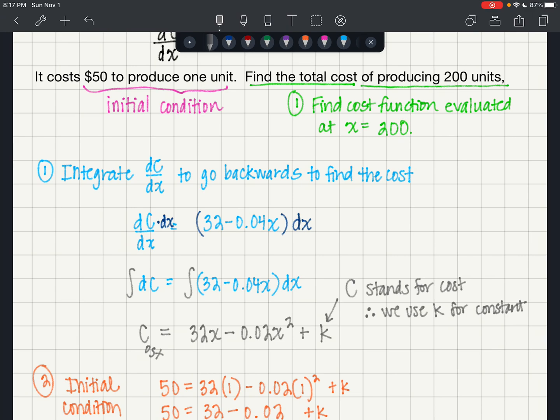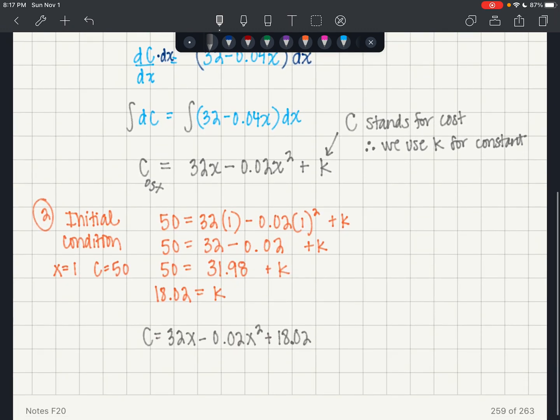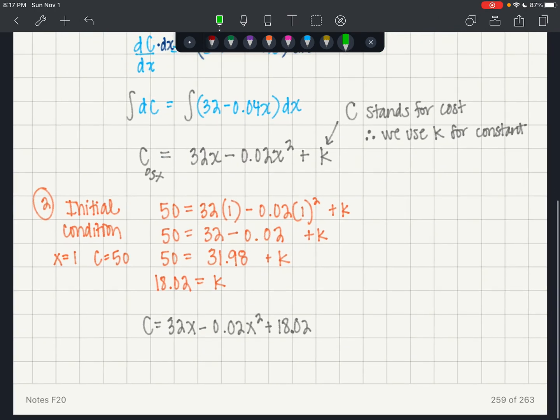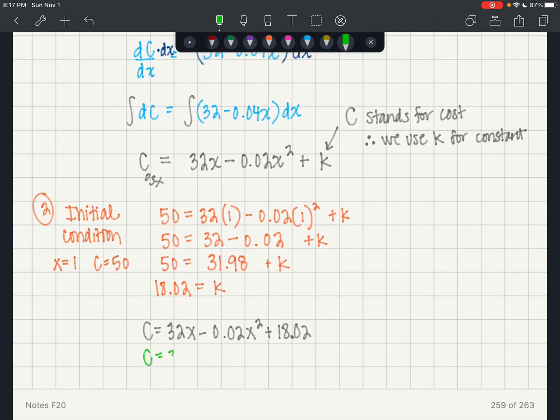We wanted to find the cost function evaluated at x equals 200. So C equals 32 times 200 minus 0.02 times 200 squared plus 18.02.